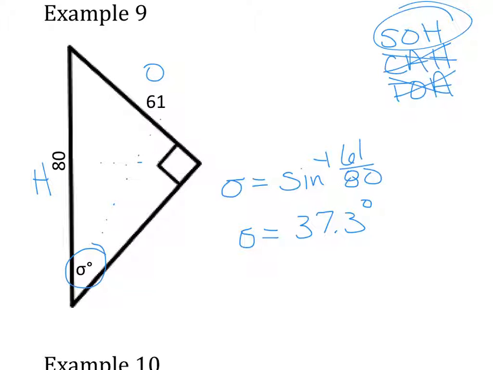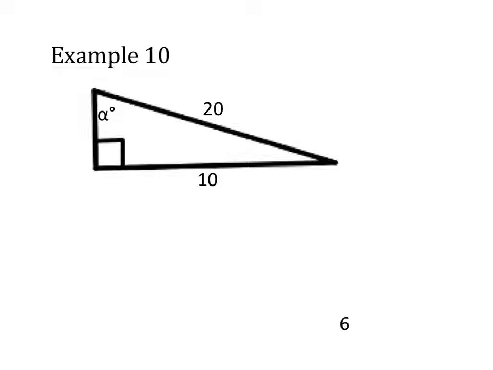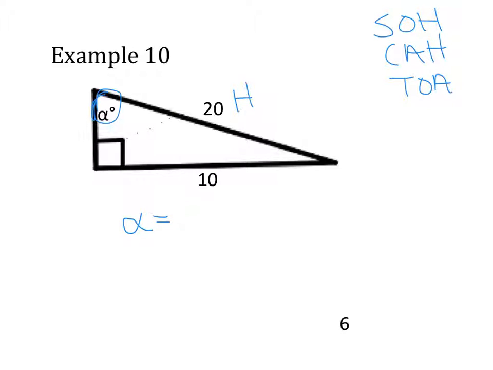Okay, let's do one more just to make sure you've got it down. Let's look at example 10. First and foremost, write out TOA. Then circle your reference angle, which is alpha this time. I know I'm using inverse trig because I'm finding an angle. So I look, across from the 90 is my hypotenuse.